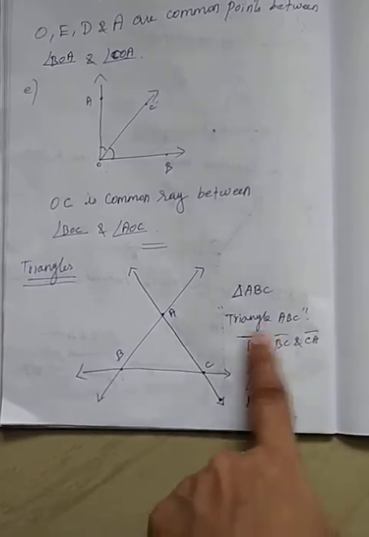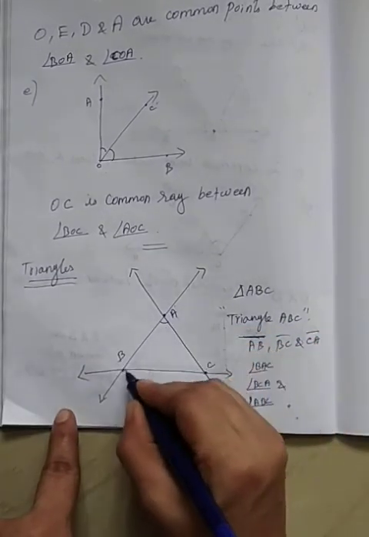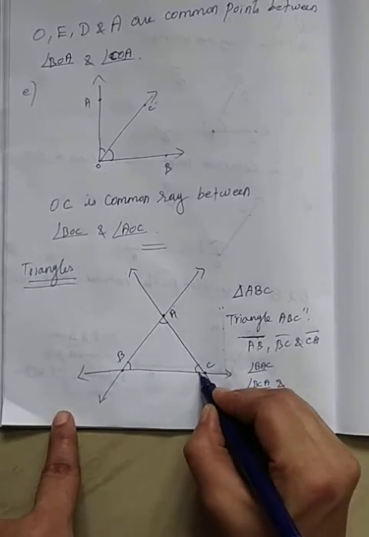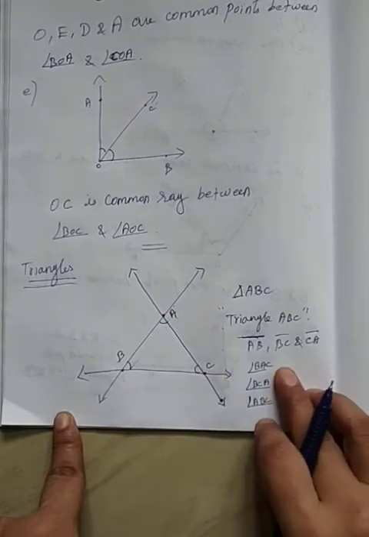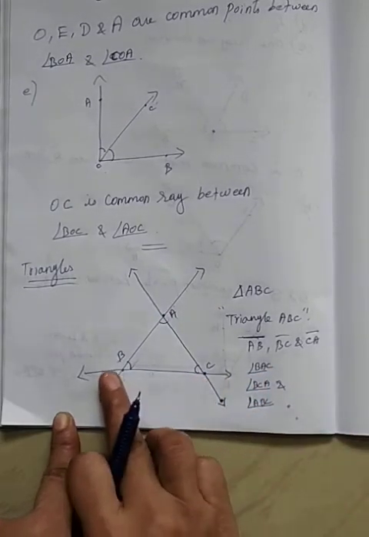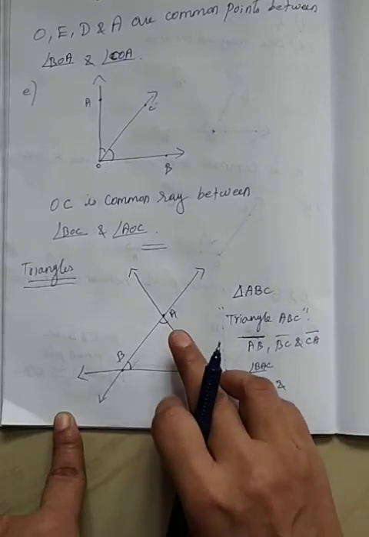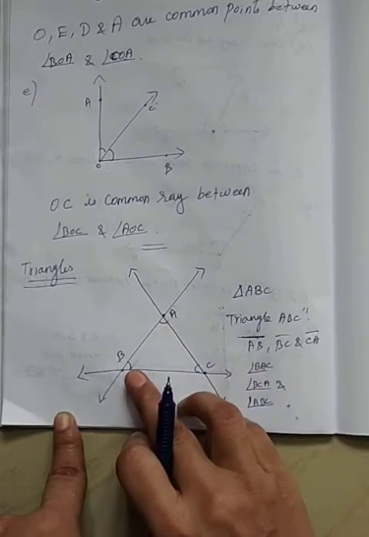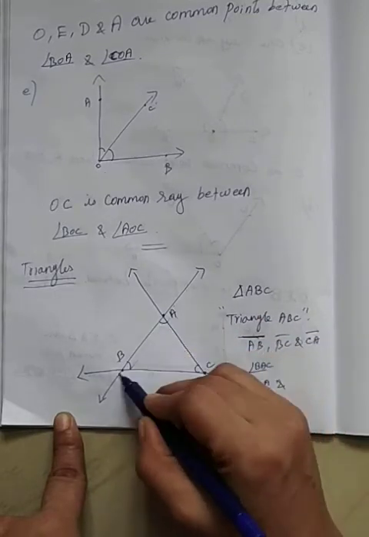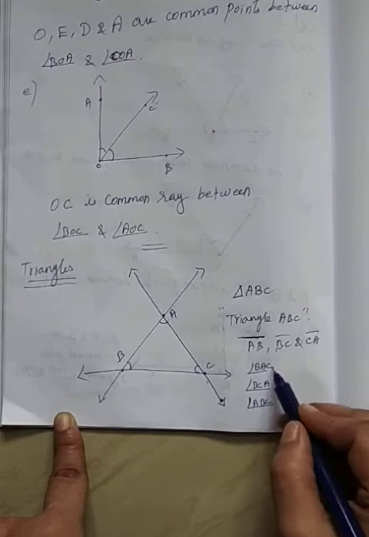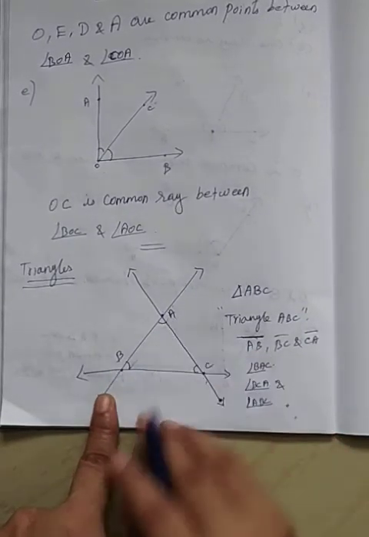See here, three angles. This is one, this is another, this is the third. This one means BAC. Next, this one means BCA.